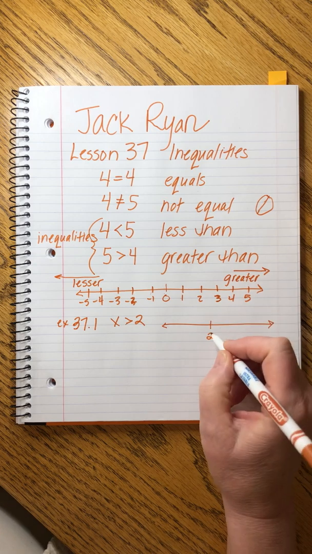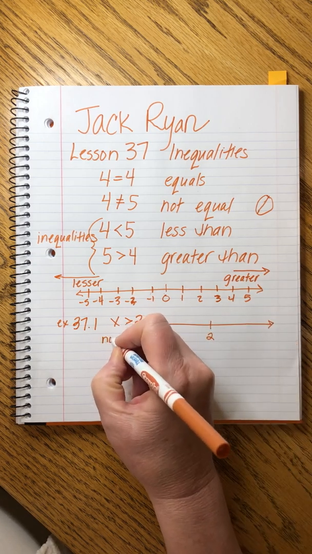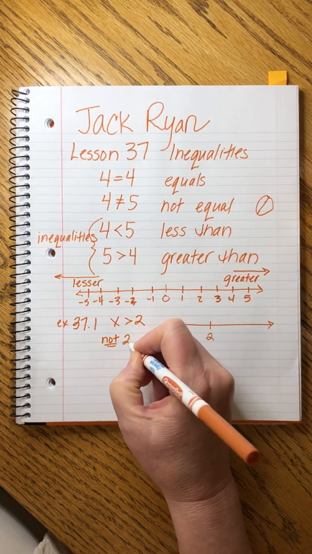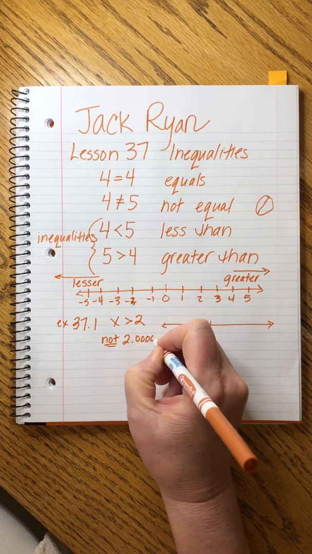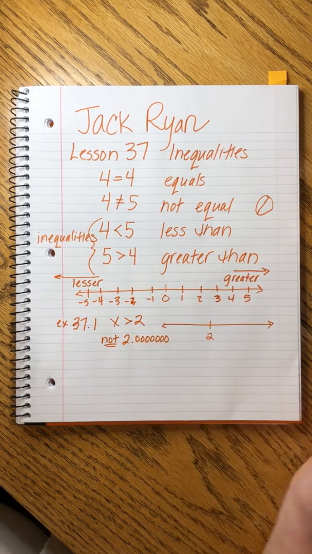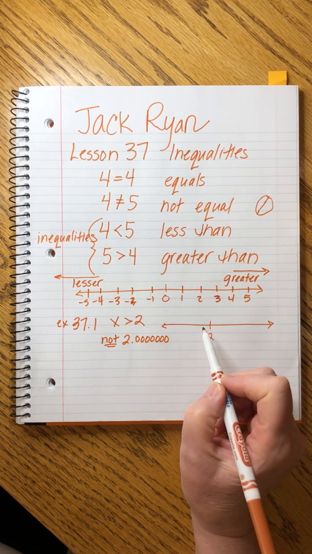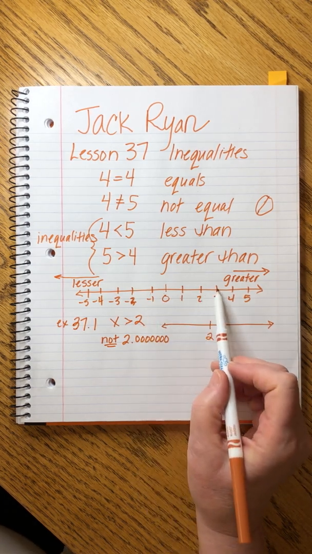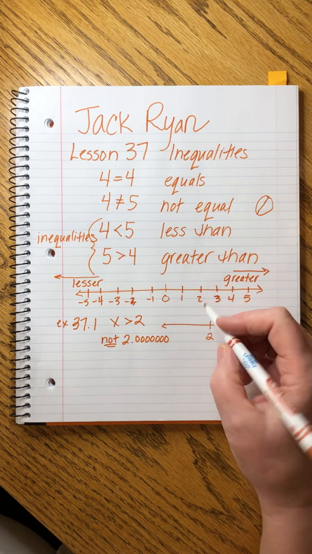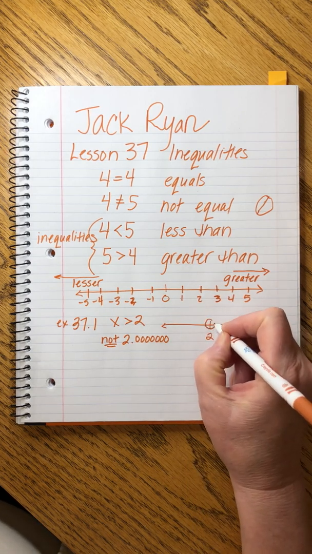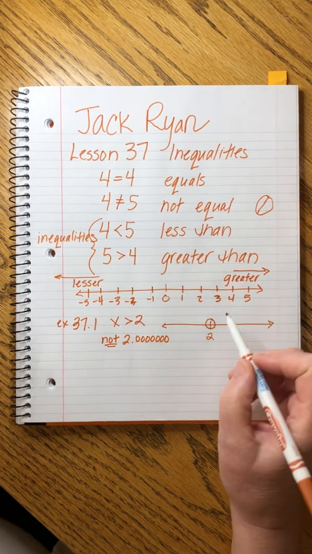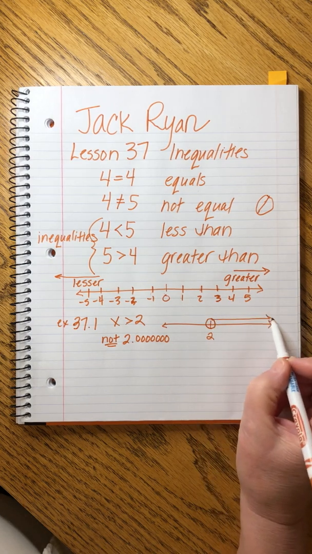So that means we cannot include 2.00000000, right? It has to be greater than that. But there's lots of numbers between 2 and 3 that are greater than 2. So this is how we indicate that. We draw the circle and we point an arrow this way.